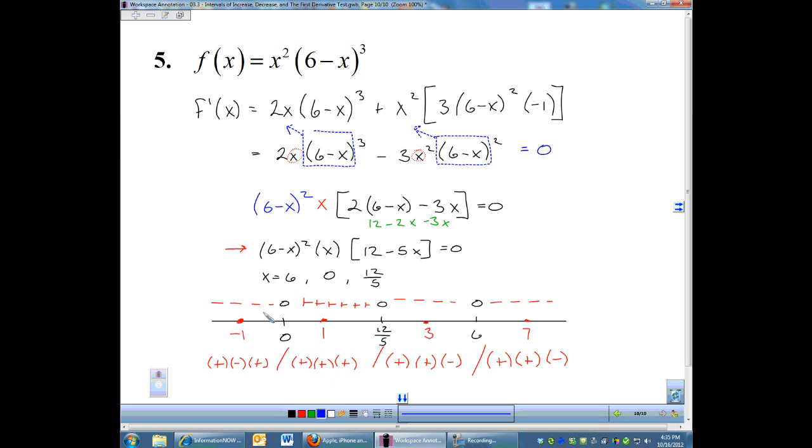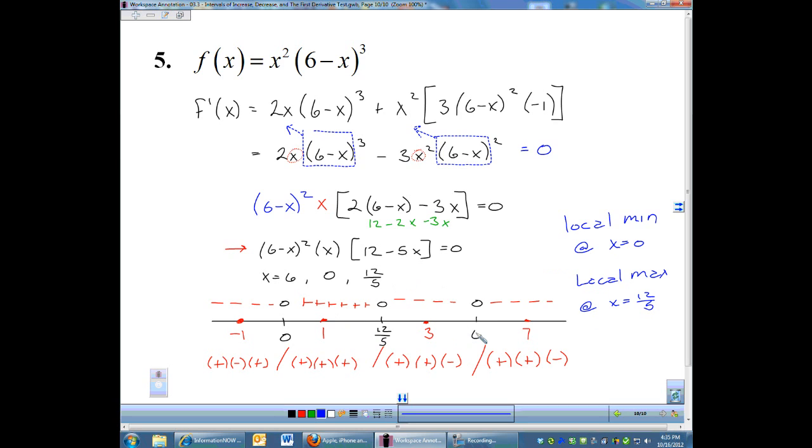And looking at this, we have 0 is a local minimum. Derivative changed from negative to positive. So I have a local min at x equals 0, a local max at x equals 12 fifths.